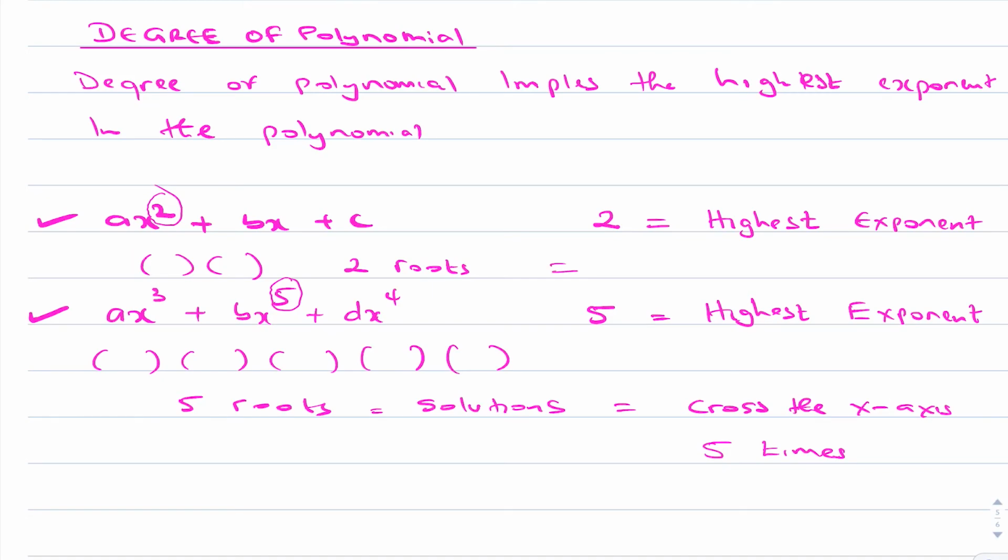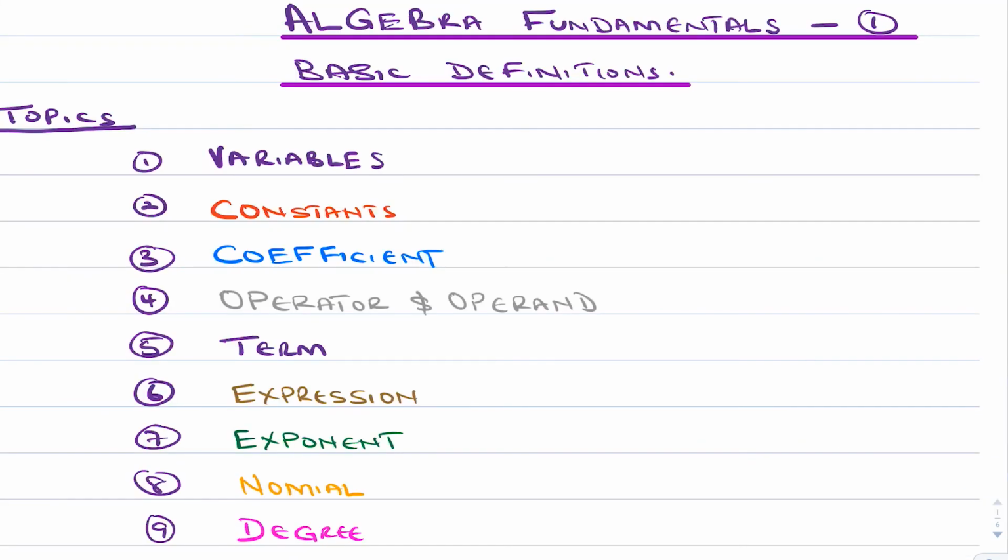I'm sure you're saying it crosses the x-axis 2 times, because it's got degree 2, 2 factors, and 2 roots.